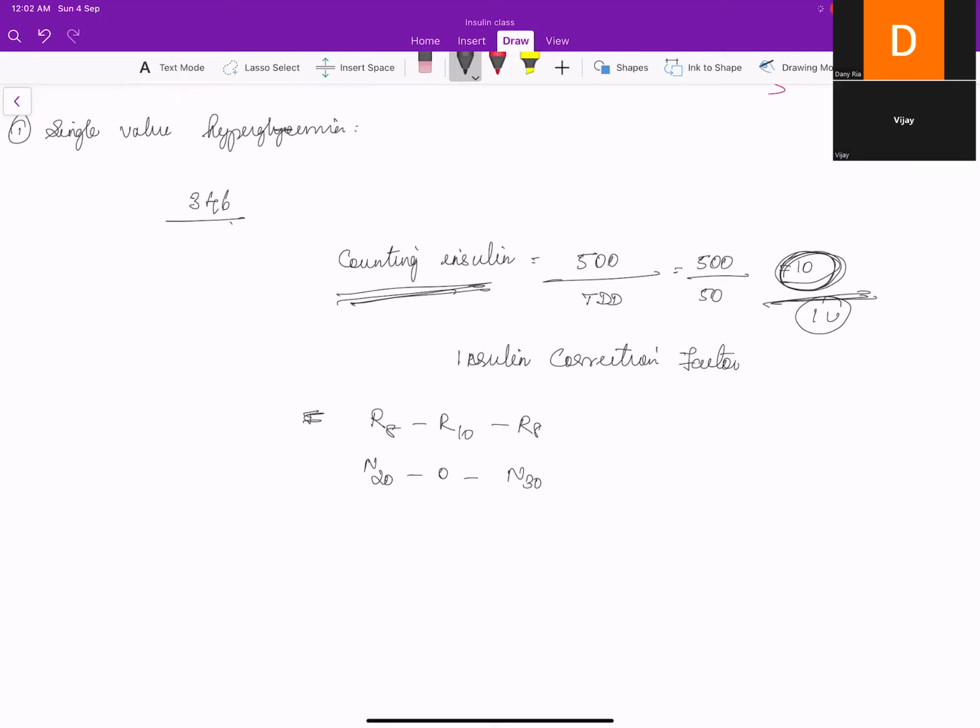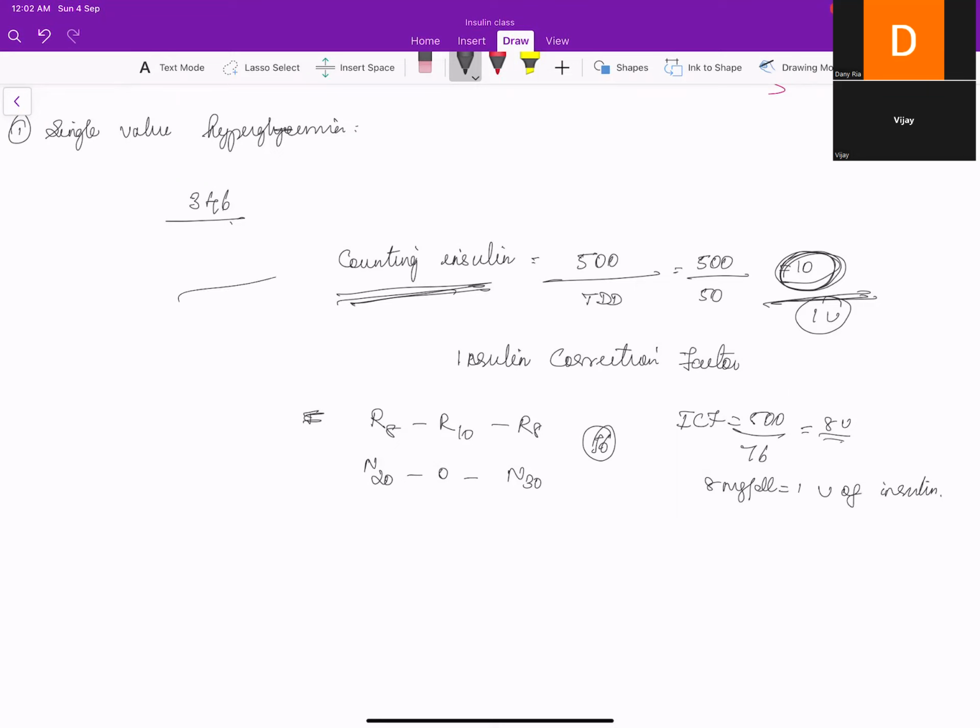And what's the total unit he is taking? 26, plus 16, plus 34, that is 76. So what's the insulin correction factor now? 500 divided by 76. How much does it come? Some 8, I think. That means 8 milligrams per deciliter is reduced by 1 unit of insulin.